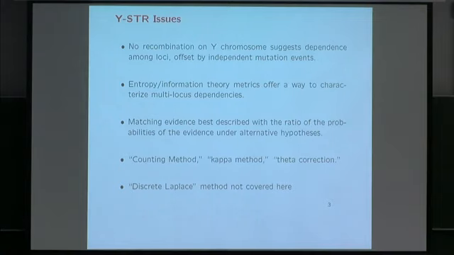I want to talk about the likelihood ratio and a couple of comments, and I'll concentrate on 3 different ways of presenting the evidence in court. The counting method, the so-called kappa method by Charles Brenner recently, and the theta correction that I've been advocating. I will not talk about some nice work by Mikkel Andersen on discrete Laplace methods.